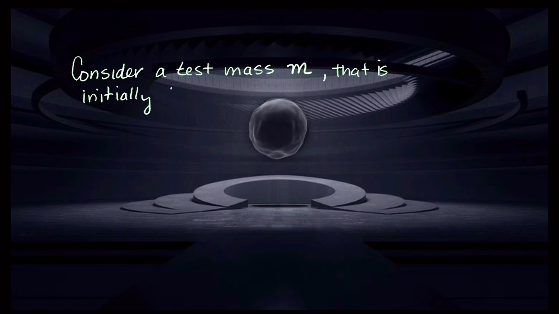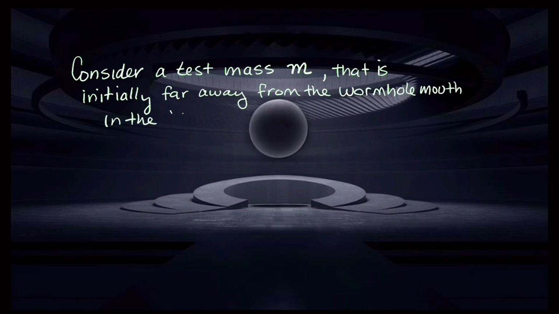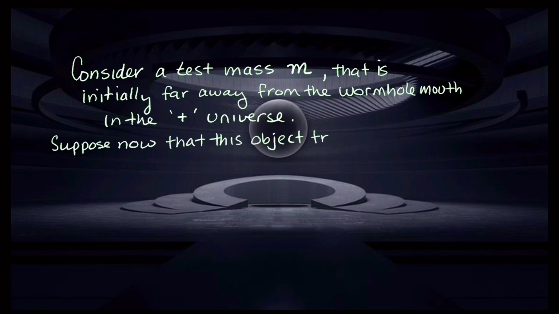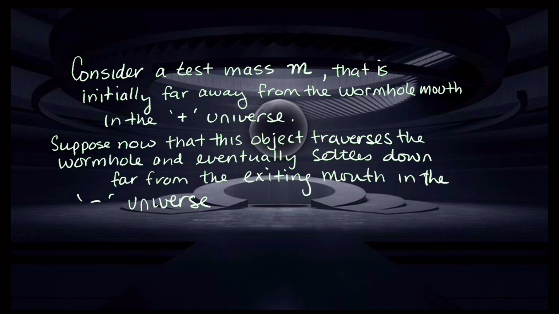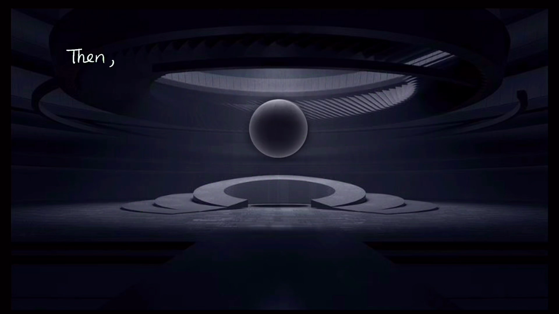Consider a test mass m that is initially far away from the wormhole mouth, let's say in the plus universe. Suppose now that this object traverses the wormhole and eventually settles down far away from the exiting mouth in the minus universe. Then we consider the imprint at infinity.